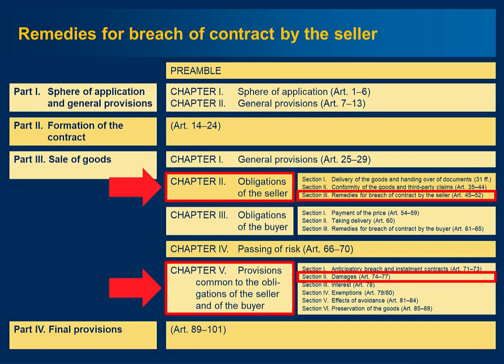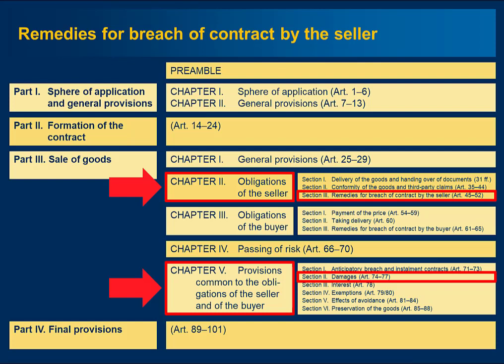Let me now turn to the consequences of a lack of conformity of the goods delivered by the seller, or more generally speaking, of a breach of contract by the seller. This brings us to Part 3, Chapter 2, Section 3, and Chapter 5, Section 2 of the CISG.